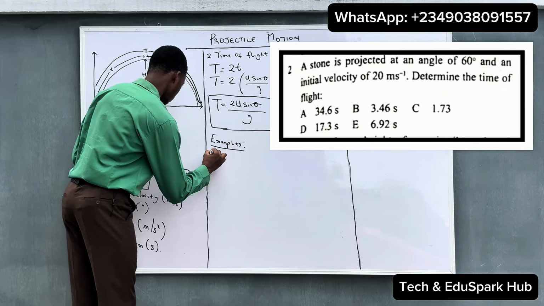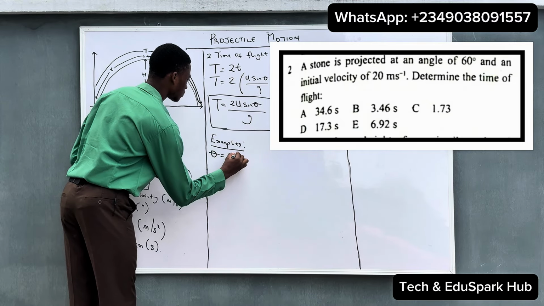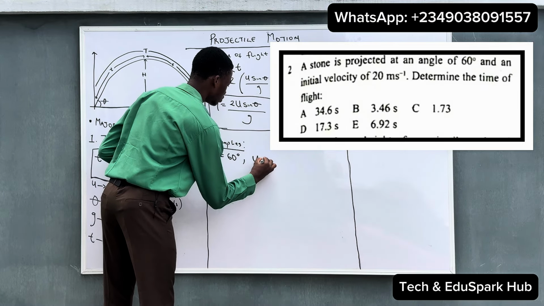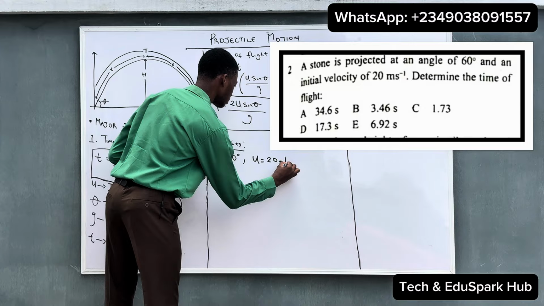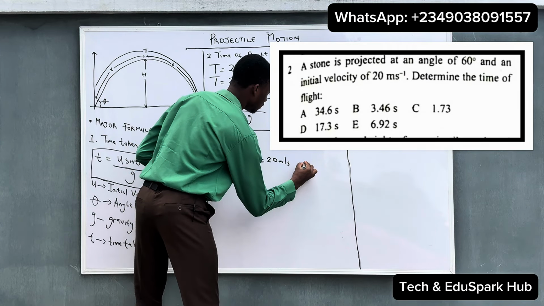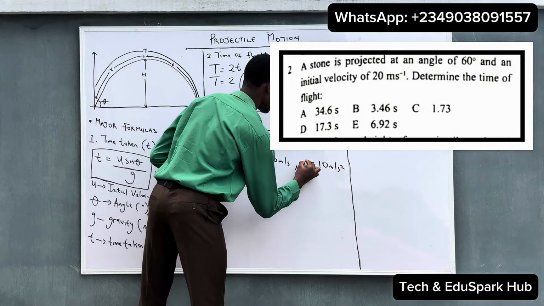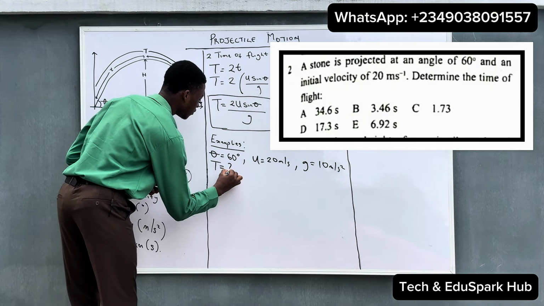The first is an angle, which is 60 degrees. Also we're given our initial velocity, u, equal to 20 meters per second, and our gravity, of course, which is 10 meters per second squared. This question is asking us to calculate our big T, which is the time of flight.